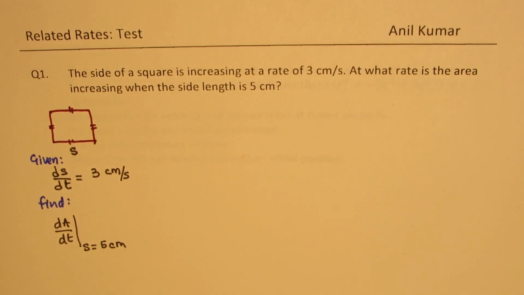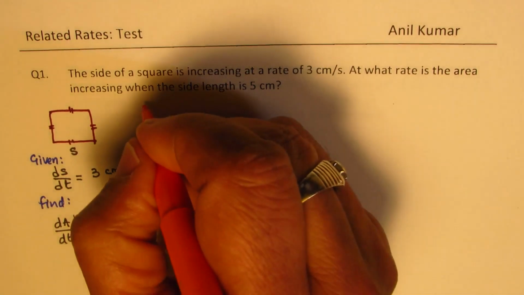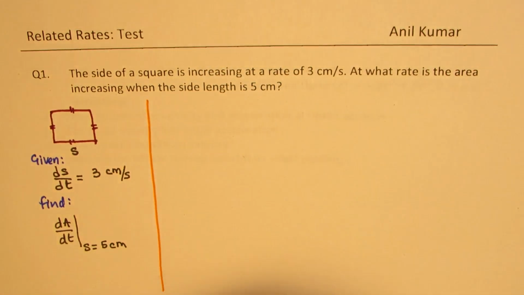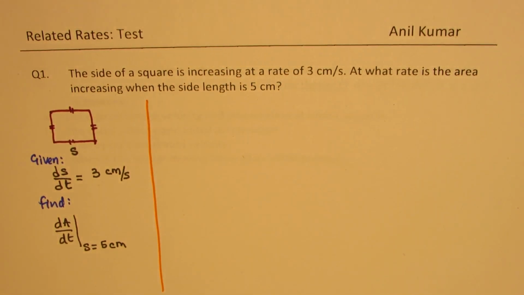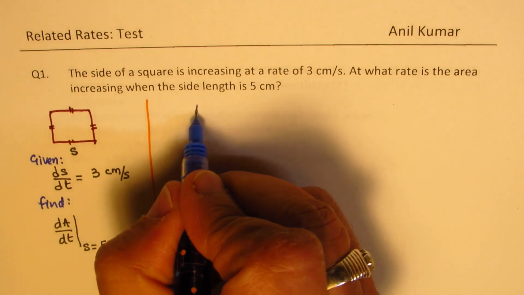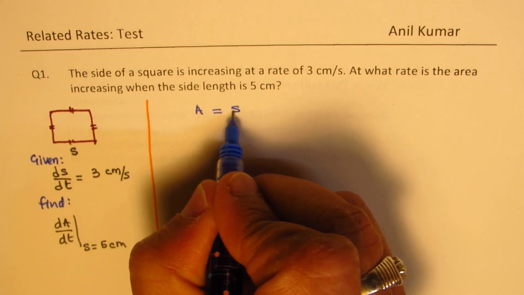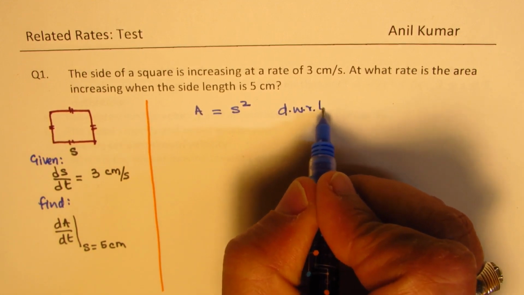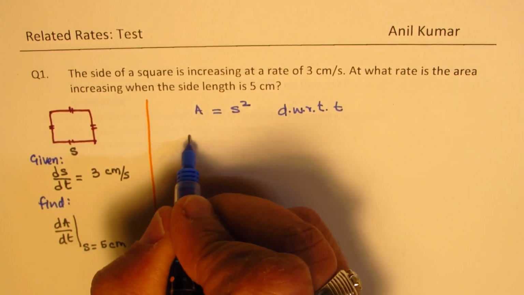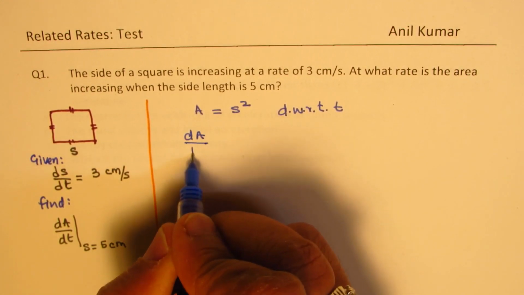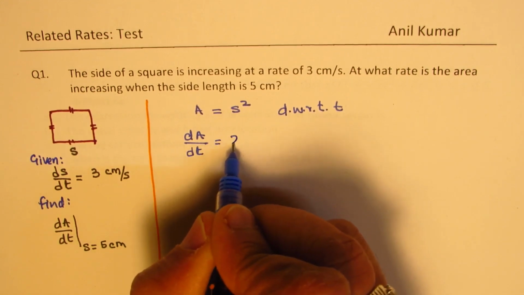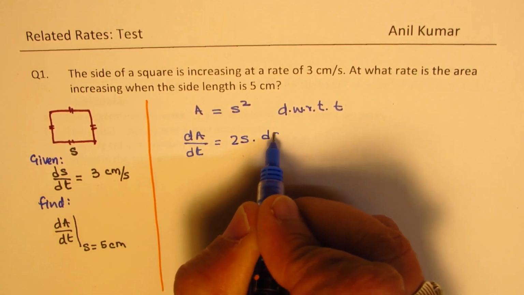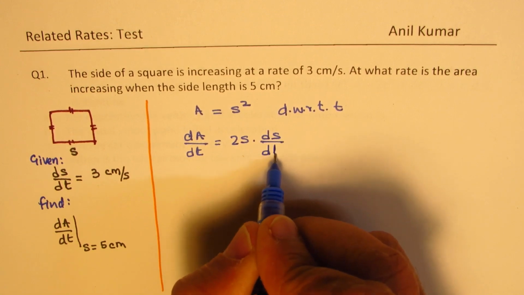Now let's write the relation between area and the side length. Area of a square is equal to side length squared. Differentiate with respect to time. So we get dA/dt equals 2 times s times ds/dt.